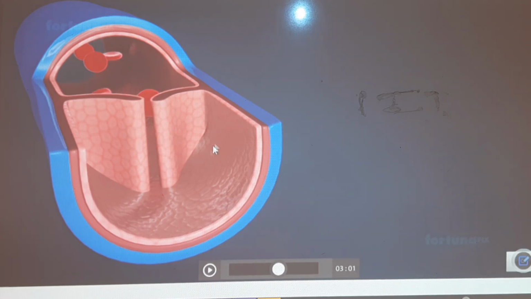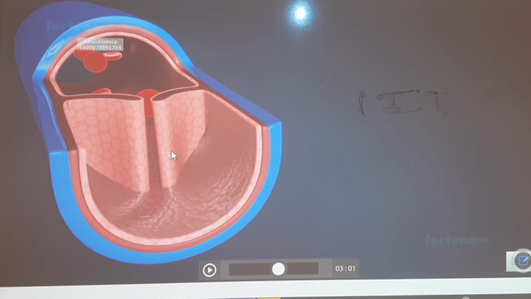Valves are seen inside the veins, and this valve ensures the flow of blood through veins only in one direction. You know that through the veins the blood flows back to the heart, that is, against the force of gravity.